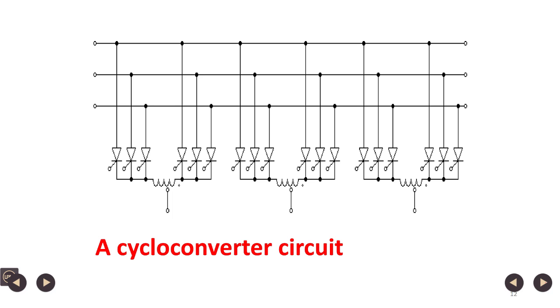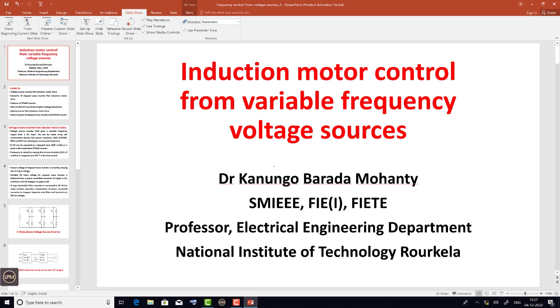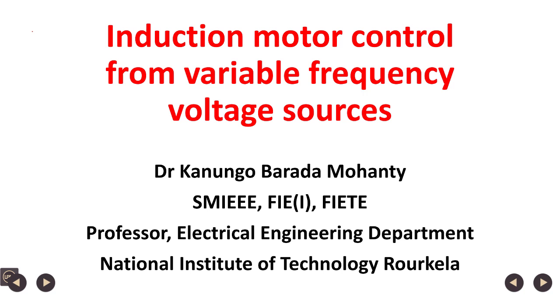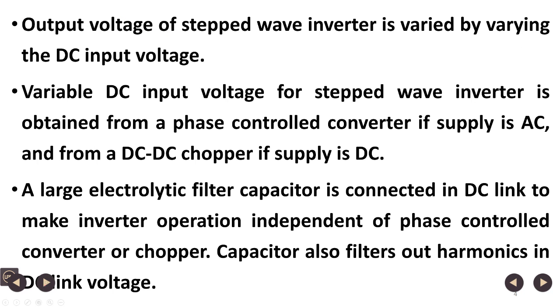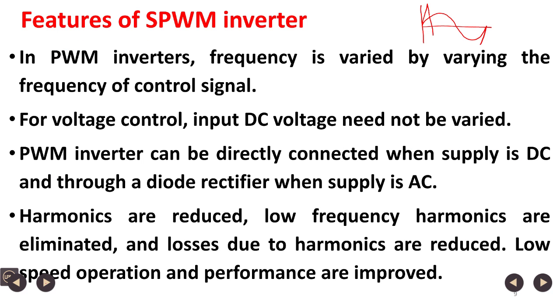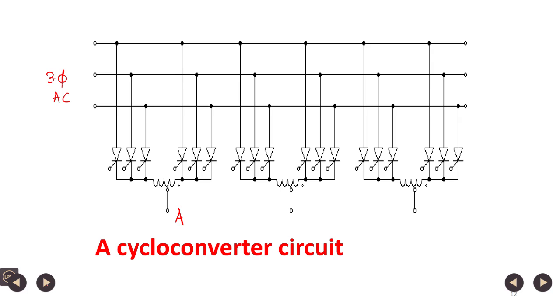Input is 3-phase AC, output is also 3-phase, output 3 phases are A, B and C. So it is a 3 phase to 3 phase, input to output, cycloconverter.